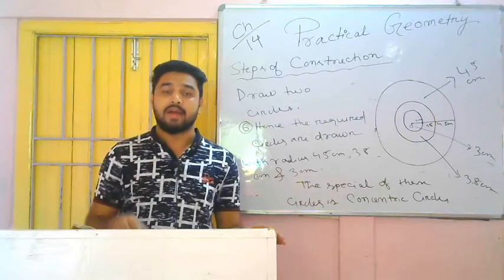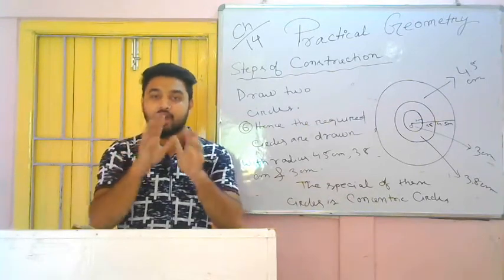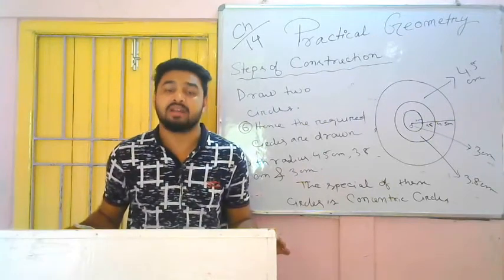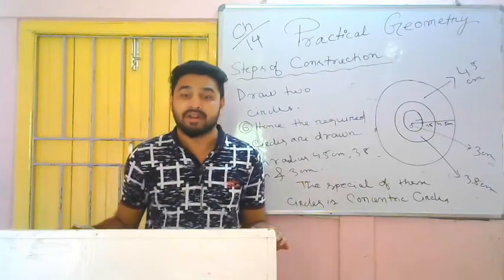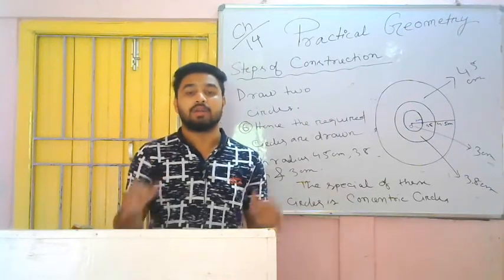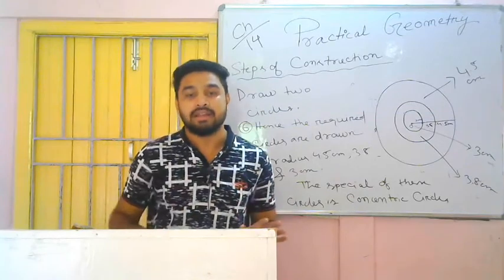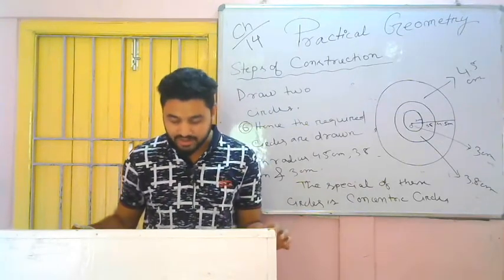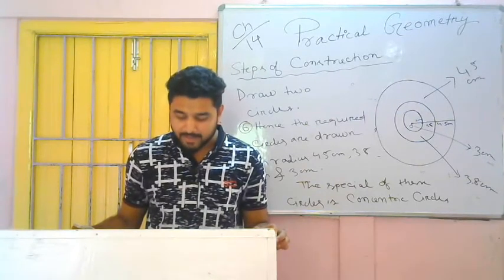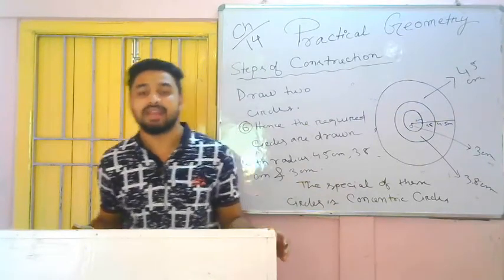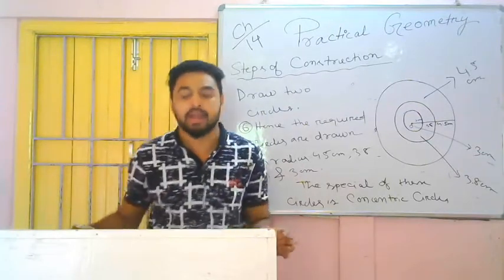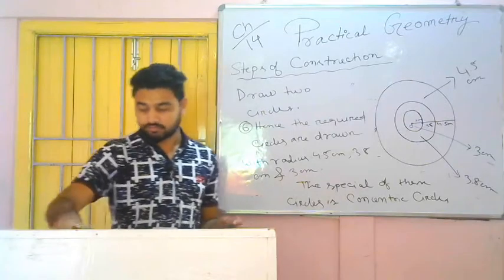What figure do you obtain? You have to say the name of the figure. What figure is obtained if the diameters are perpendicular to each other? Again I have to say, if the diameters are perpendicular to each other, then what figure is drawn? Okay.